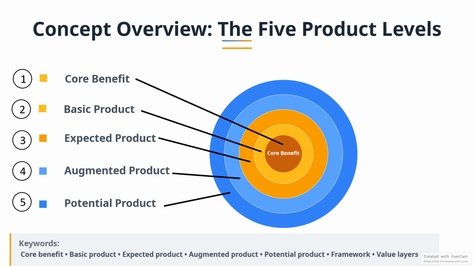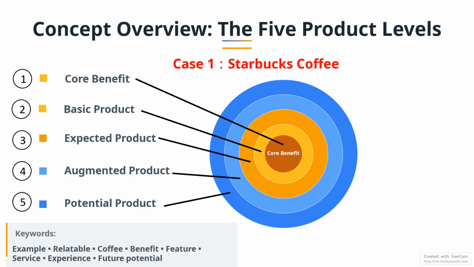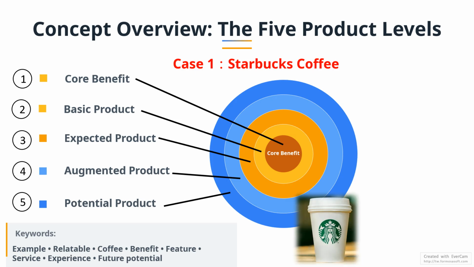Let's use a simple example. Case 1, Starbucks coffee. Do you know what the Starbucks coffee's 5 labels of product are? Could you imagine what that is? Okay, like this.